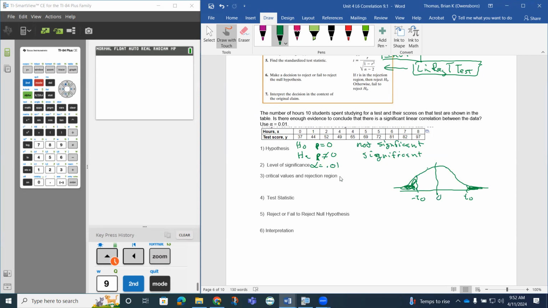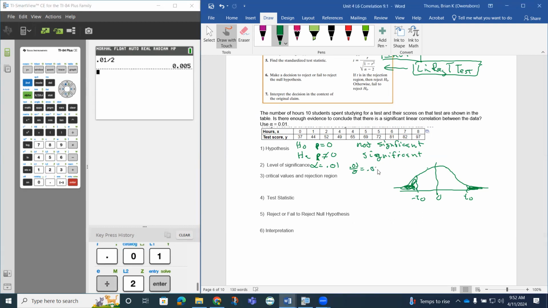To find these critical values, if alpha is 0.01, since it's two-tailed, we've got to do 0.01 divided by 2. If I do that on the calculator, that's 0.005.